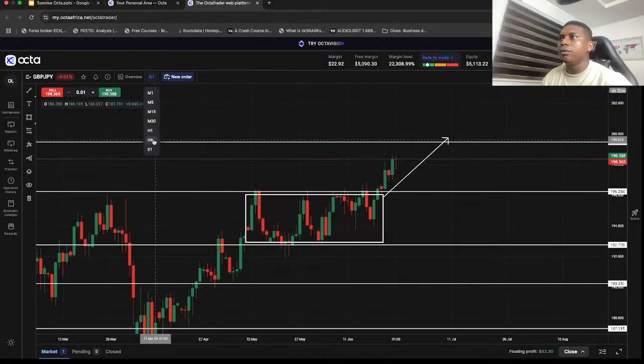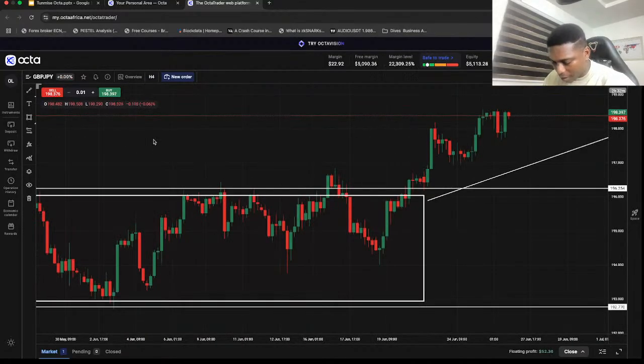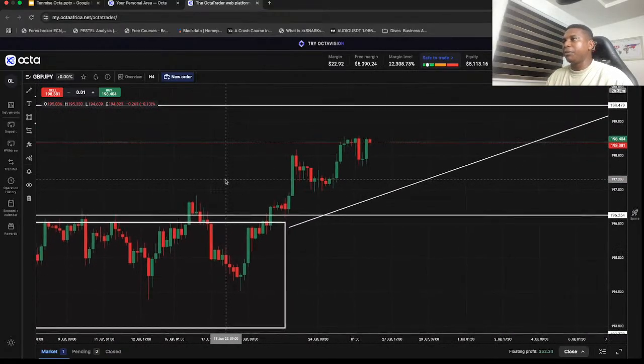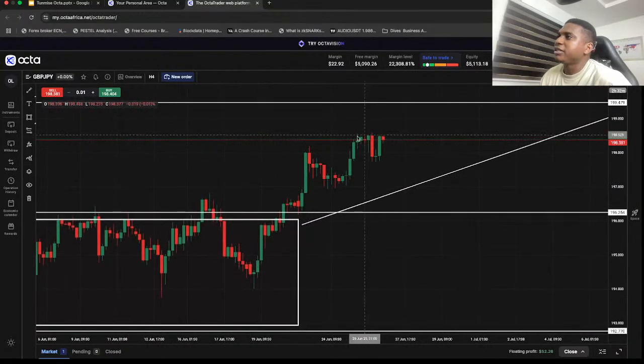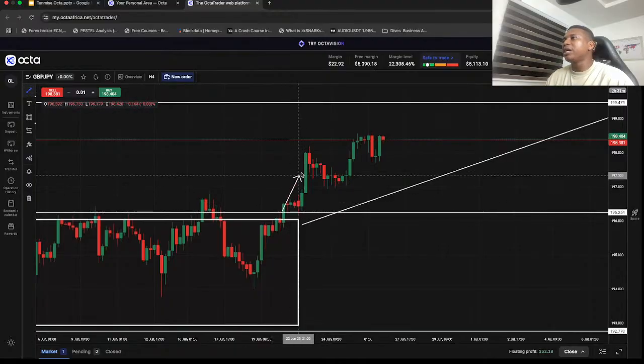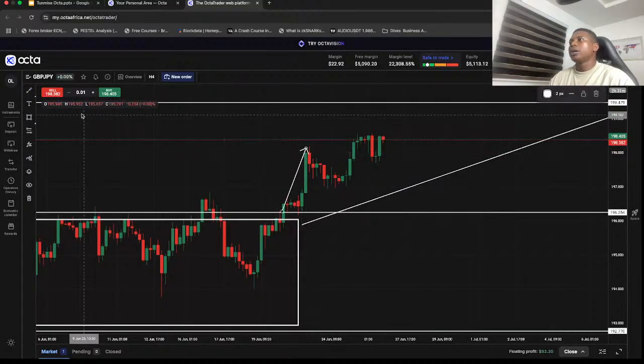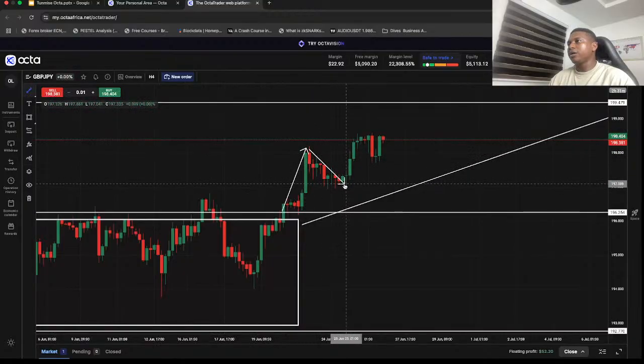So let's go into the 4 hours time frame. Now here is the 4 hours time frame. Do you see how interesting the 4 hours time frame is? So here we can see that after this breakout had happened, a pullback took place. Okay, always watch out for a pullback after every breakout.